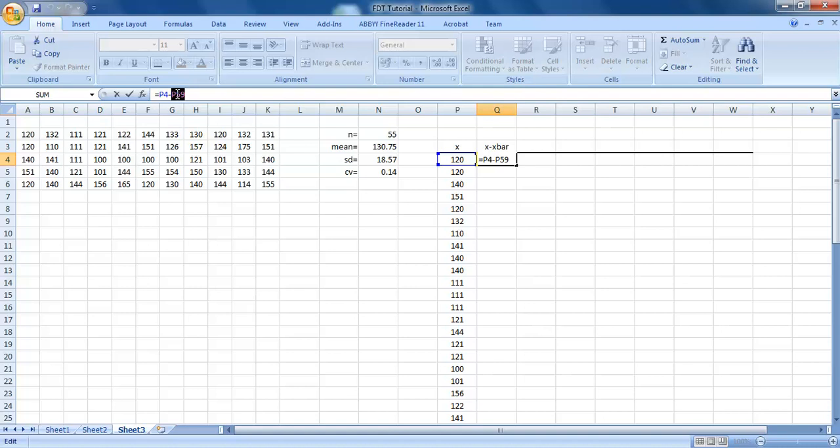It is located at cell P59. So I'm going to make the row absolute. So I'm going to prefix it with a dollar sign. So look at the formula bar. We have P54 minus $59. So I can now duplicate.